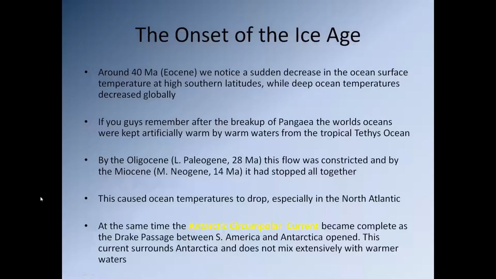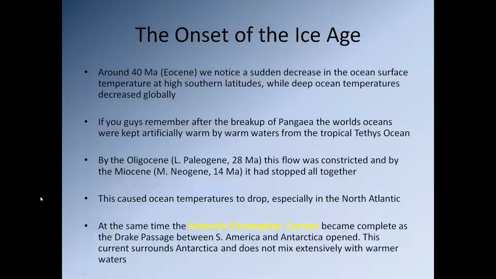So during this period, we see the deep water across the entire globe gets colder, and we see, especially in the southern hemisphere towards the South Pole, the surface water temperatures also begin to decrease. So if we remember, during this period, towards the end of the Cretaceous, we had the complete breakup of Pangaea, and this obviously had very significant effects for water circulation in the oceans.